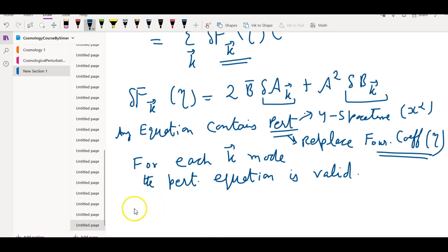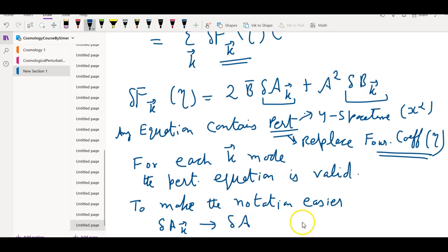Another thing, to make the notation easier, and this we will apply when we are going to solve equations: we are going to drop these subscripts k vector k. So write delta a k simply as delta a, delta b k simply as delta b.